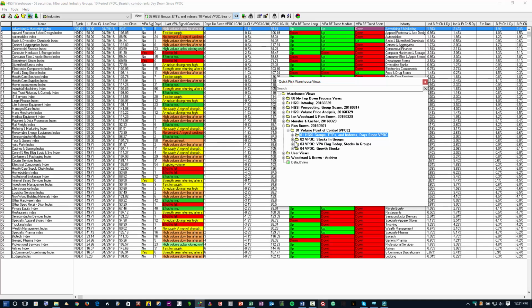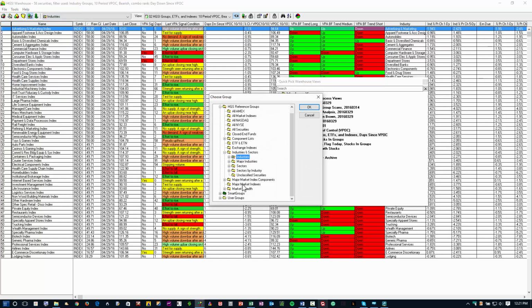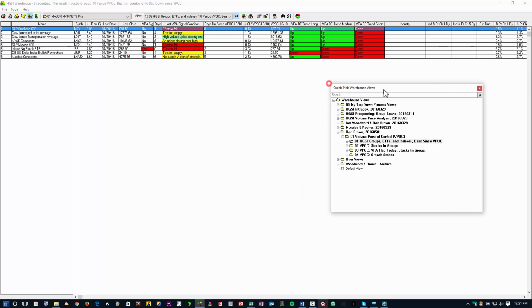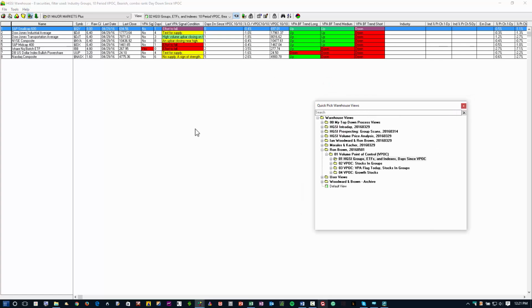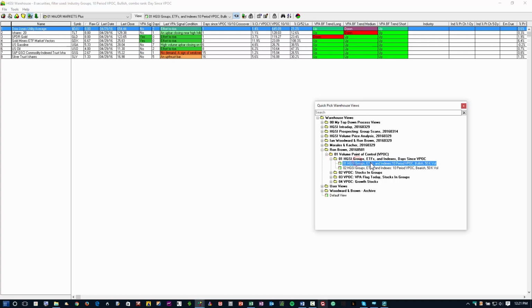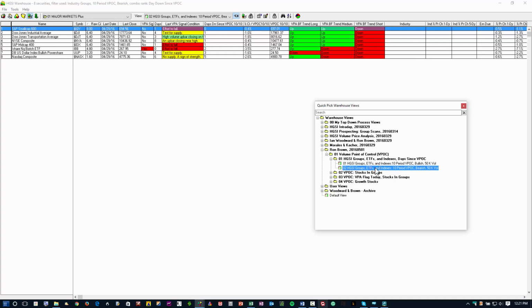Okay, now this can also be used not just for industries, but if you choose a group, and I'm just going to go down to my own group, and it's a Woodward & Brown full. If I go to Major Markets Plus, it only selects the indexes that have volume, and these would be the indexes with a positive volume point of control over 10 periods, and these are negative.